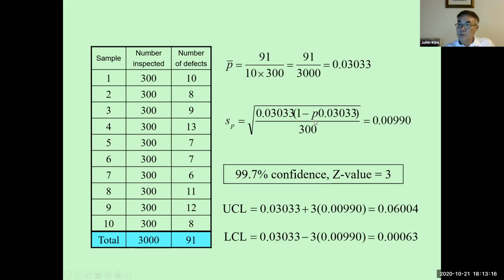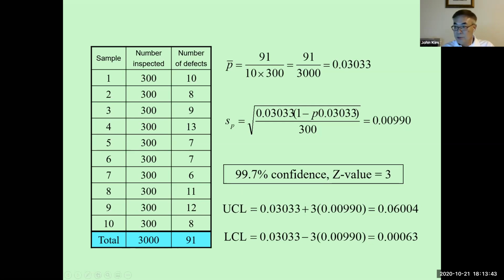This one I mistyped without this one, 0.03033 divided by 300. To get this standard deviation, we use sample size n, then square root. So standard deviation is 0.0099.